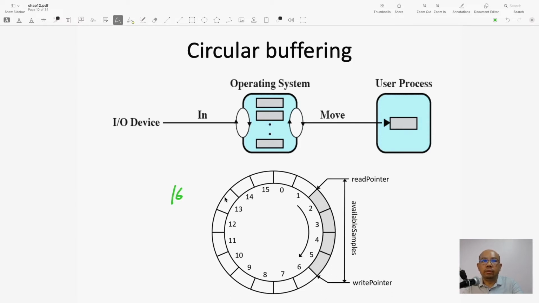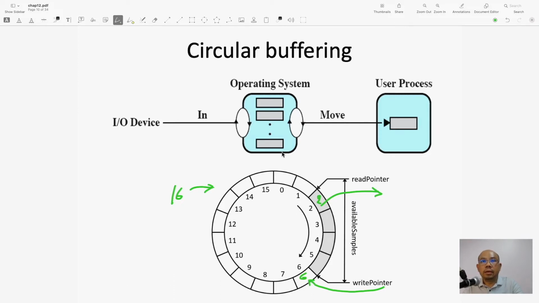Circular buffering is implemented like a circle of memory. Here the read pointer points at location number 2 and the write pointer points at location number 6. That means when you read, you get the data from this location, and when you write, the data will be written in this location of the memory.